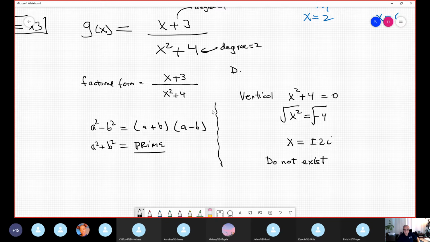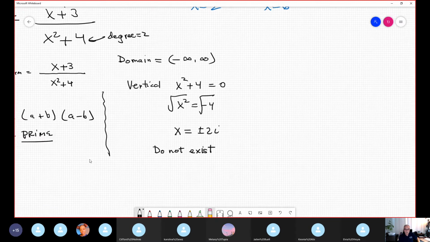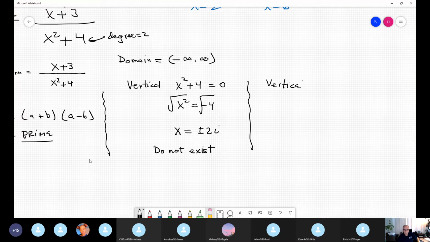By definition, the domain is all real numbers except the restriction. However, the restriction I am looking for is imaginary, does not exist. So we have no restriction, and the domain in this case is all real numbers. Therefore, we have no vertical asymptote.